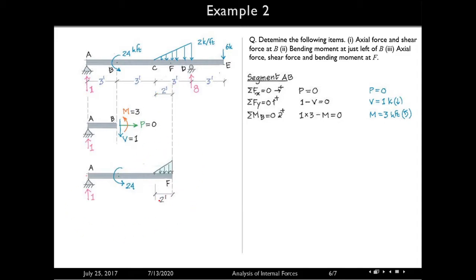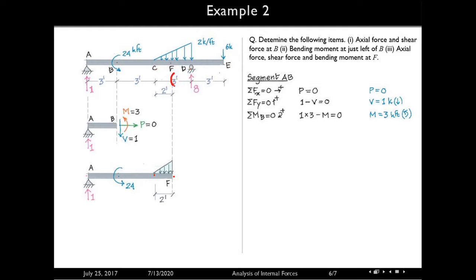Now we can see that this varying load acting from C point to F point has a base of 2 feet only. But in the figure we can see that the total base is 3 feet.